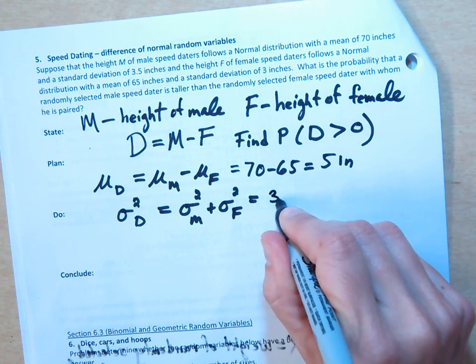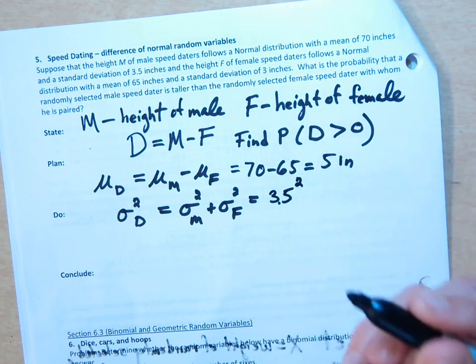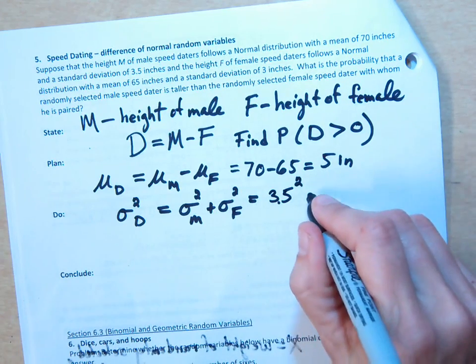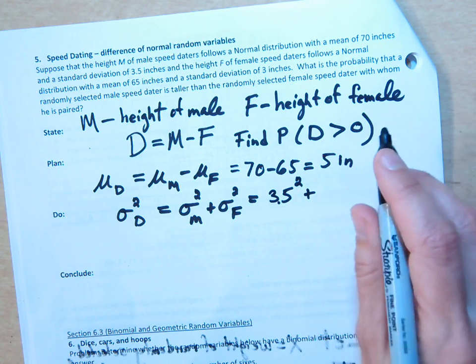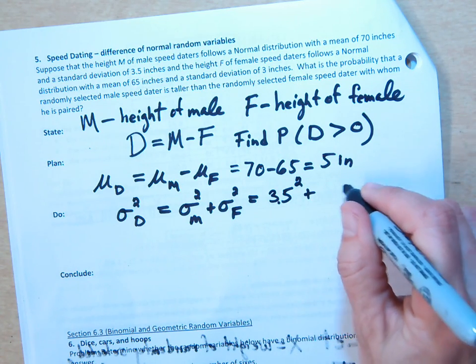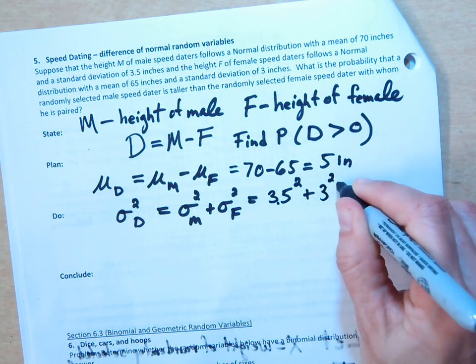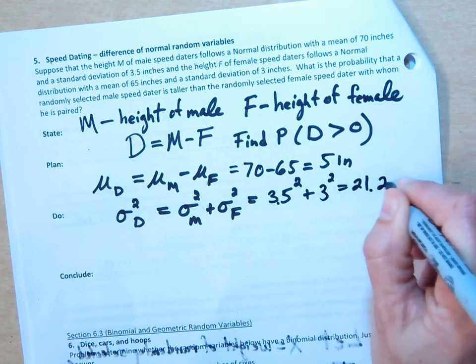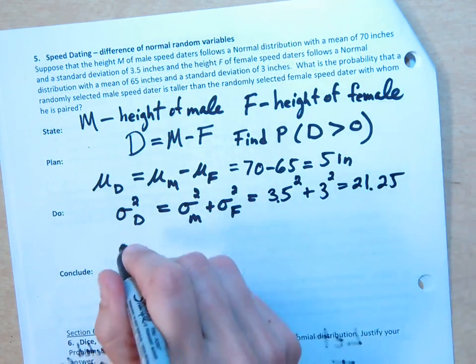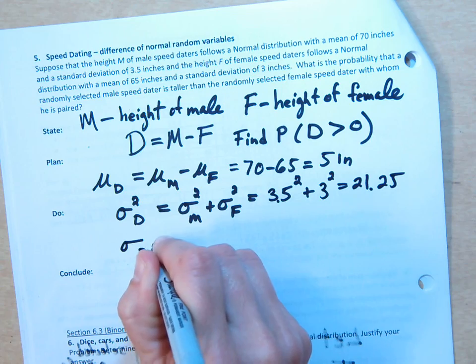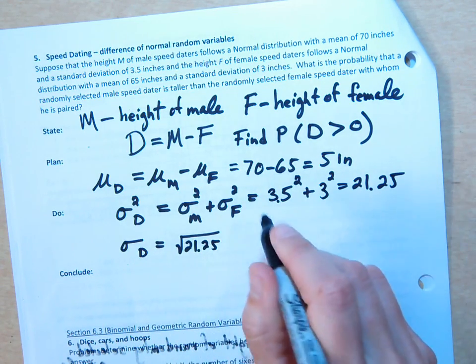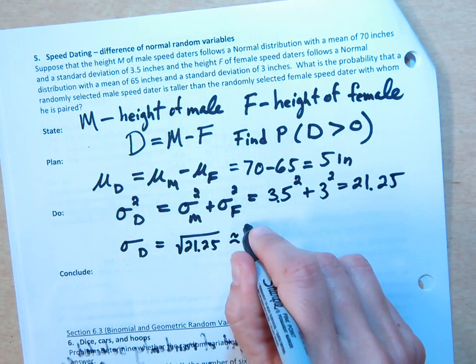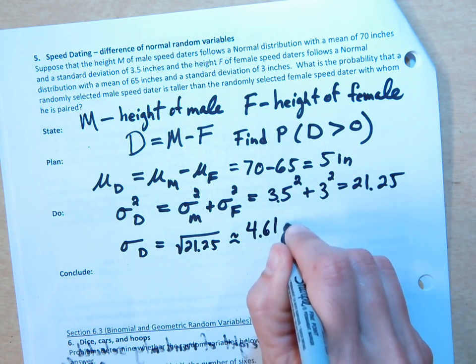Good. So you take 3.5 and you square it. That's how you find the variance. How do you find the variance of f? It would be 3 squared. Good. So the variance is 21.25, and therefore the standard deviation, we just take the square root, and you get 4.61 inches.